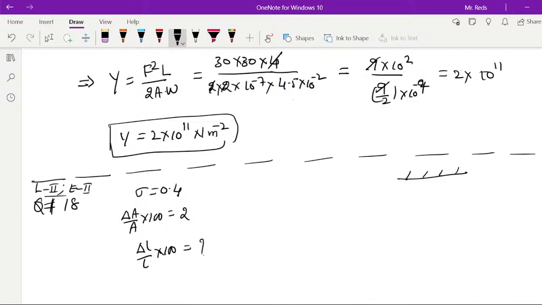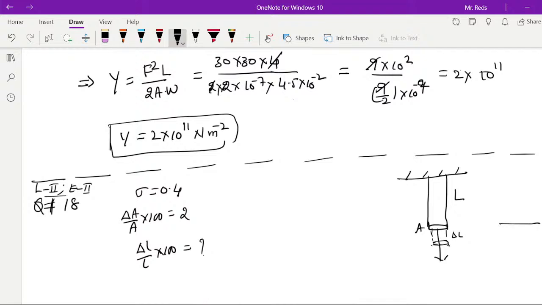For example, if you have a wire having length L and some cross-sectional area A, and you apply a force, if length increases by a small amount delta L, the area should become thin, so area should decrease. The area is decreasing means length should increase.